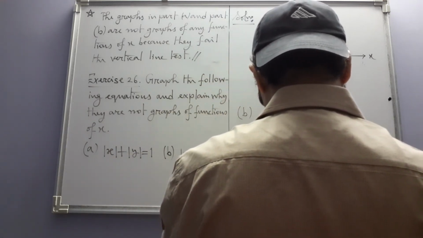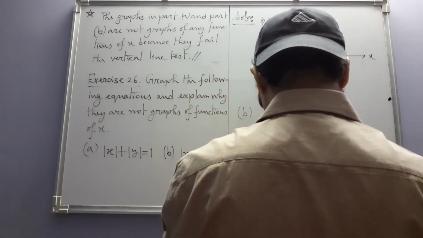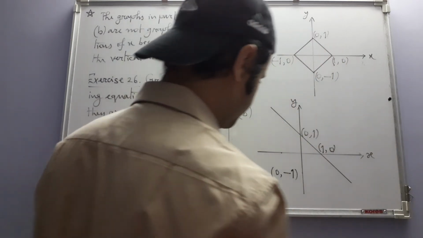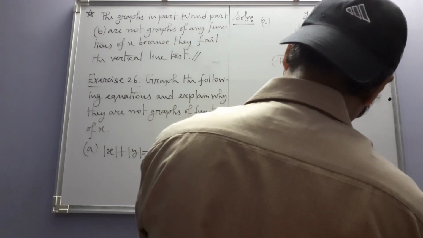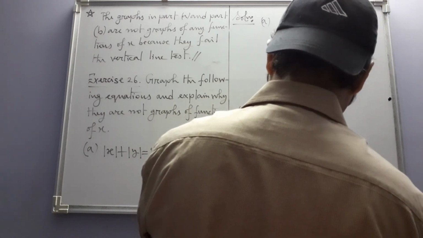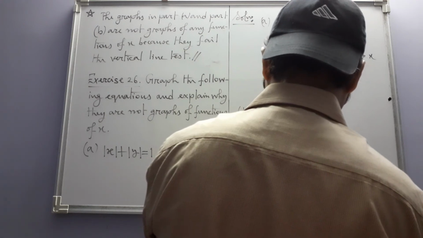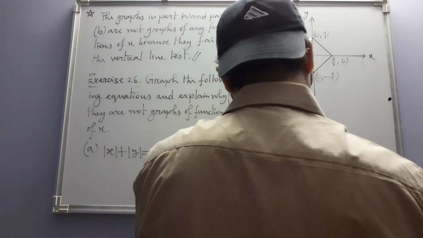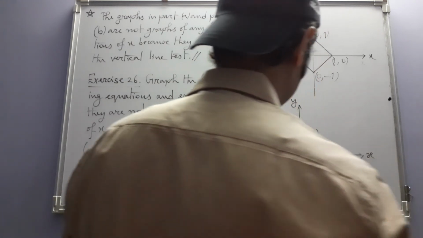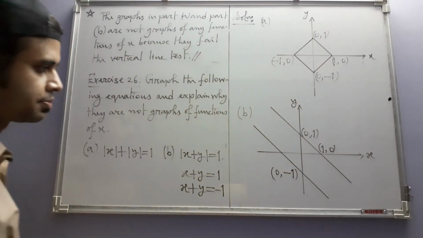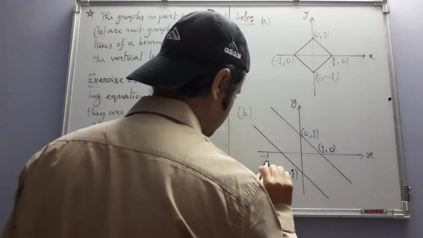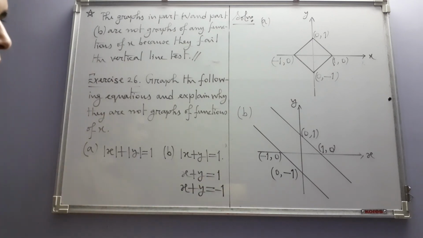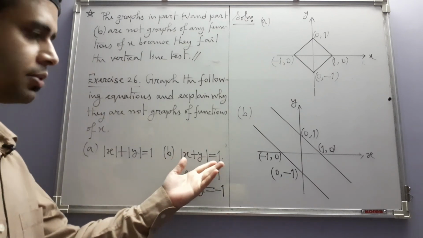So it will pass through these 2 points. And also from the way these two equations look, you can see that they represent parallel lines. So these two straight lines together form the graph of this equation.